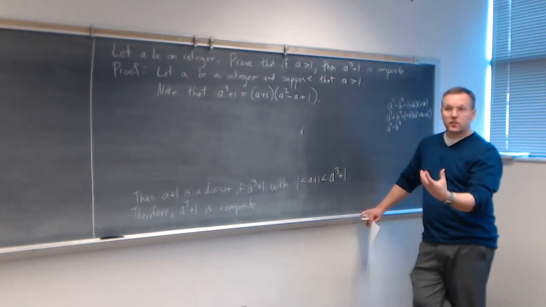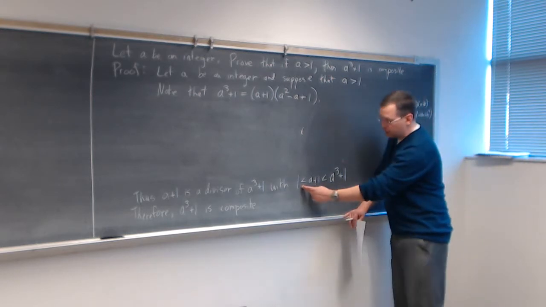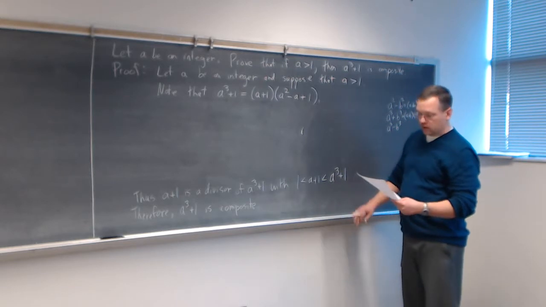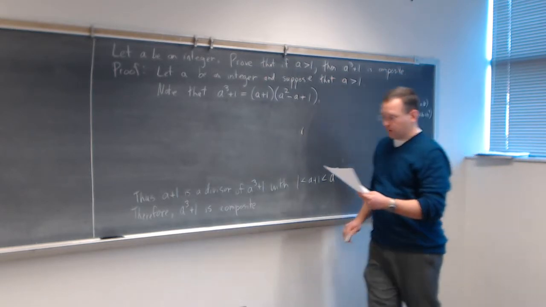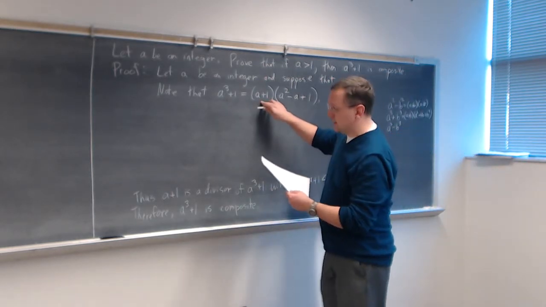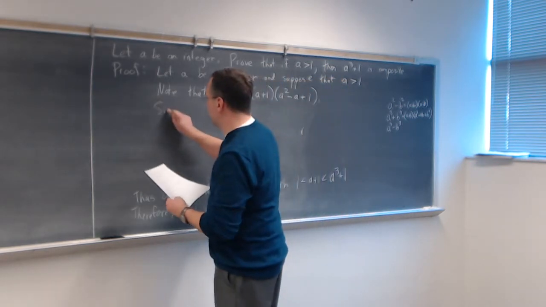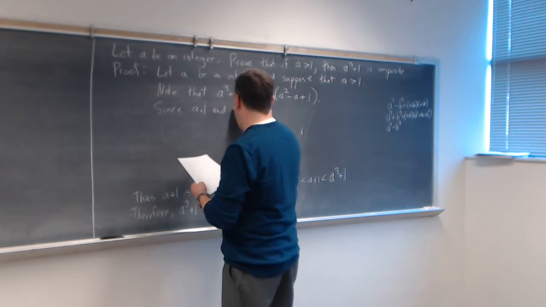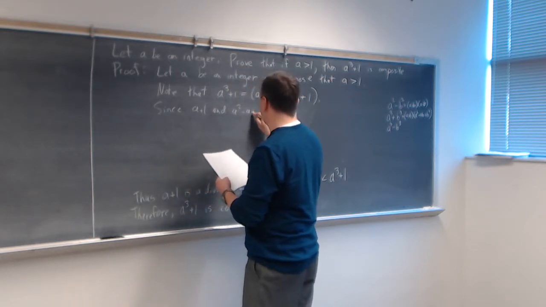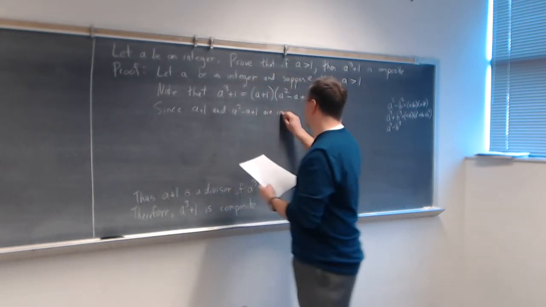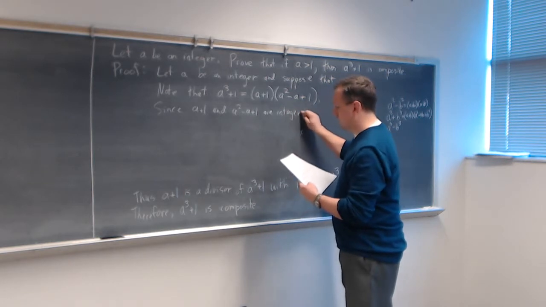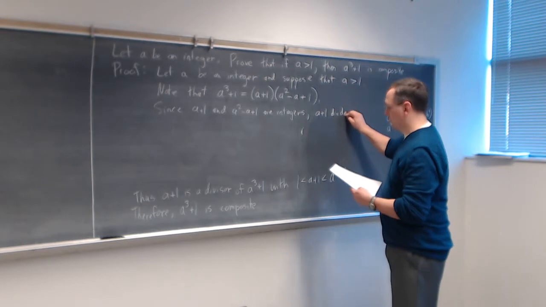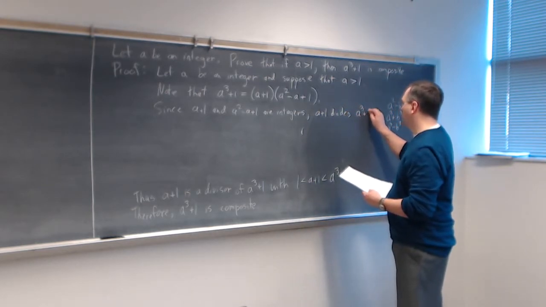So that's the idea of this proof that's showing that a cubed plus 1 is composite. I want to get a divisor and then show that that divisor is between 1 and a cubed plus 1. Okay? So let's see. The next statement that I would include in my proof is: since a plus 1 and a squared minus a plus 1 are integers, a plus 1 divides a cubed plus 1.